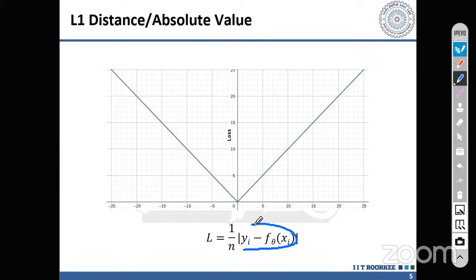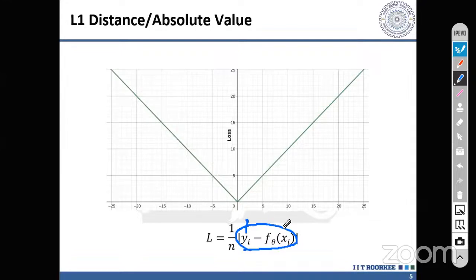If I'm just considering the difference, it could be positive or negative. Consider y as a flat price or a weather forecast, the temperature.